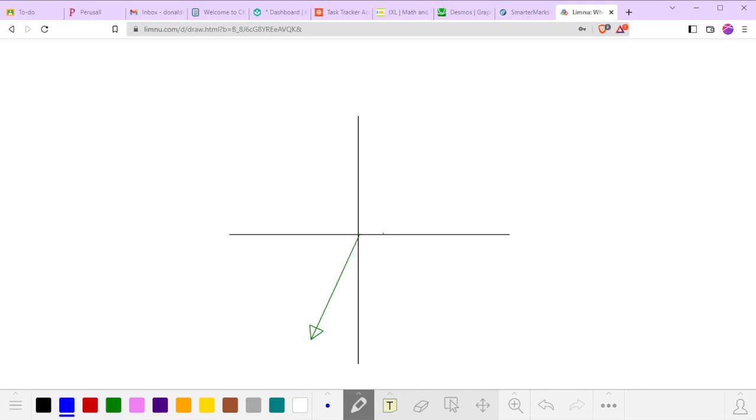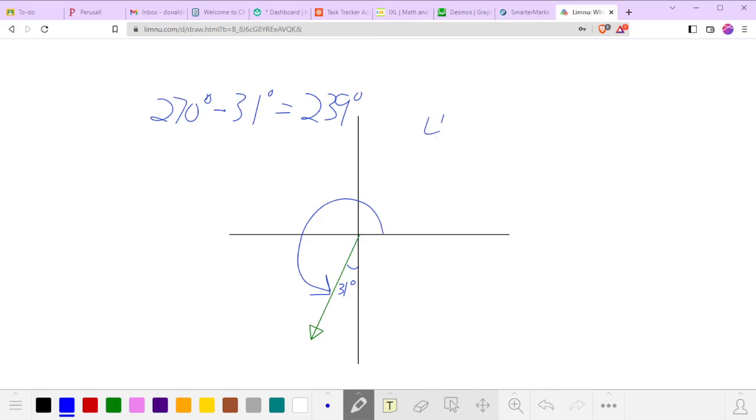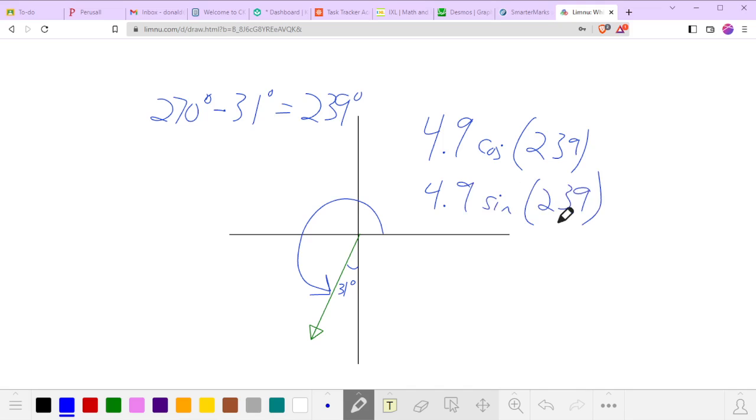So with that, the angle in standard position is 270 degrees minus 31 degrees, because this 31 degrees west of south goes here. So that is 239 degrees, and our magnitude is 4.9. So the x component is 4.9 times the cos of 239, and the y component is 4.9 times the sine of 239.